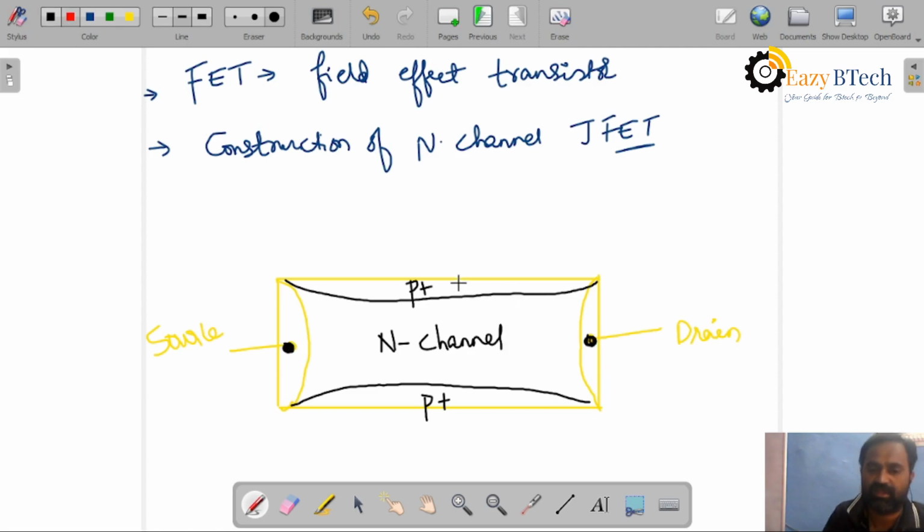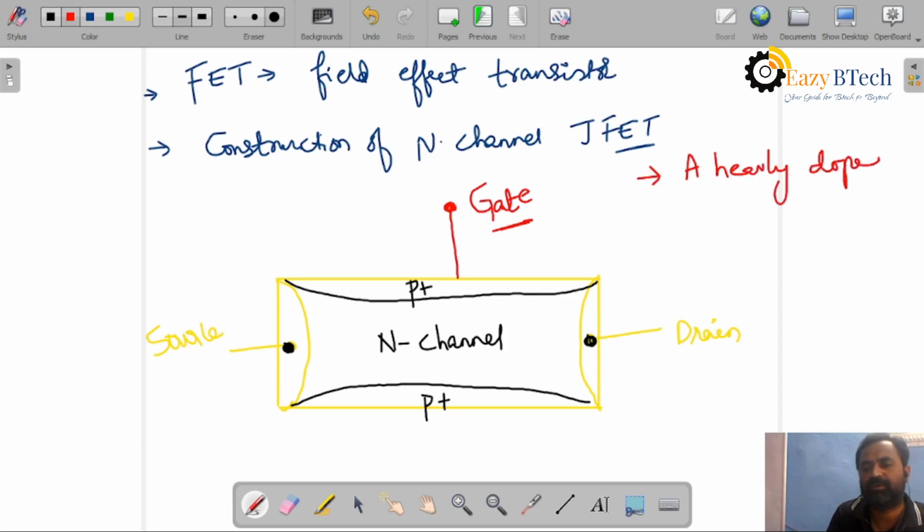Okay students, now this terminal we call a gate.